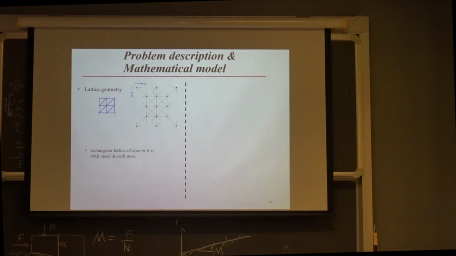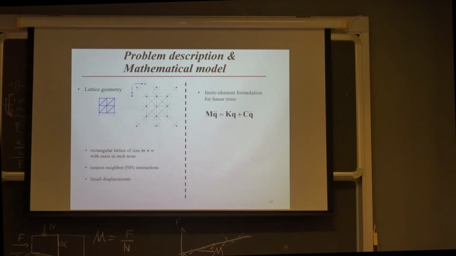Like I said, there's a mass in each node. Sorry for the mistake. We have nearest neighbor bistable interactions, and to preserve the essence of the bistable behavior and to avoid geometrical nonlinearity, we assume small deformation.